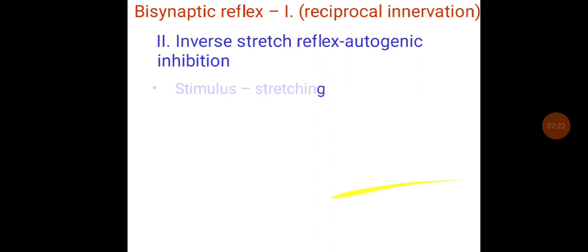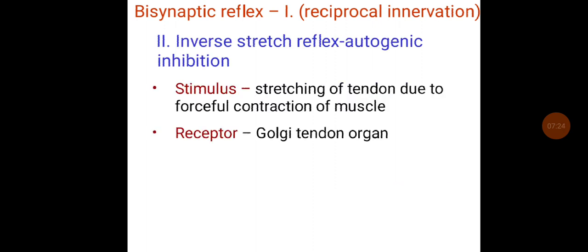Another example of a bisynaptic reflex is the inverse stretch reflex or autogenic inhibition. It is another protective response where excessive stretching or excessive contraction of the muscle is inhibited. Here the stimulus is stretching of the tendon due to forceful contraction of the muscle. The receptor is the Golgi tendon organ, which is in the tendon of the muscle.